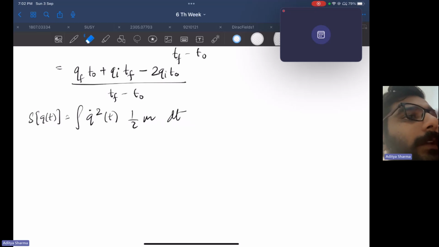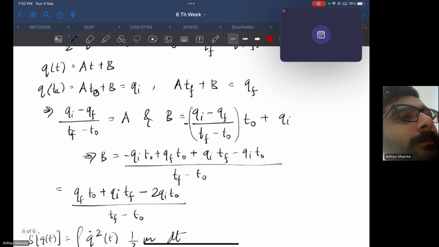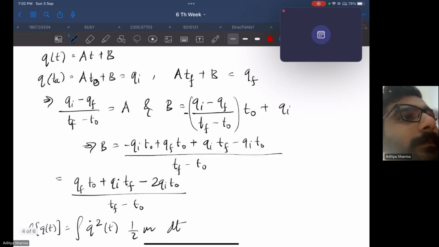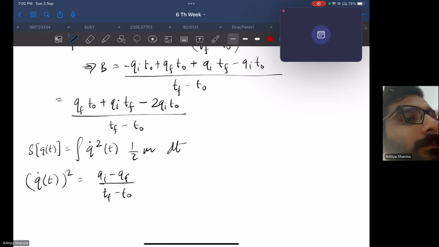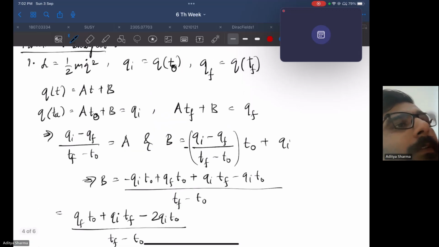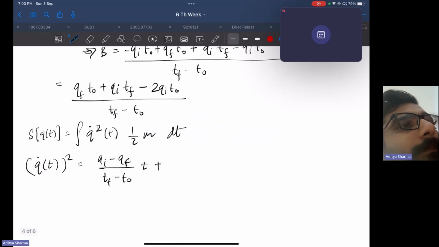So I'm just going to evaluate Q dot T whole square, which is Qi minus Q0, Qf minus Q0, T plus B, Qf T0 plus Qi Tf.